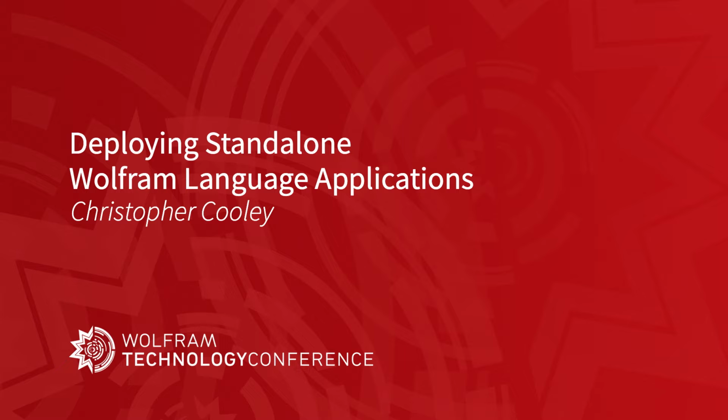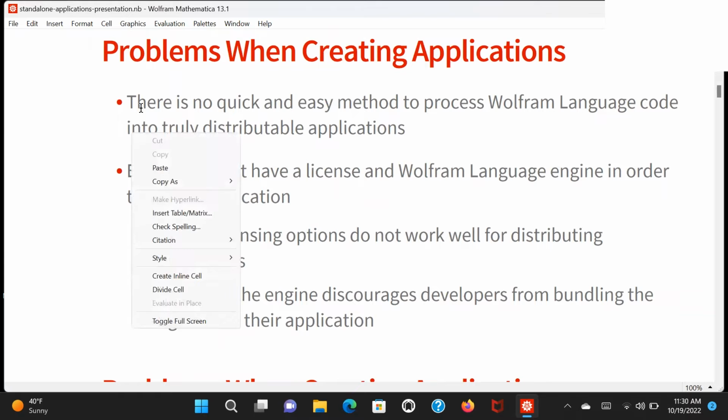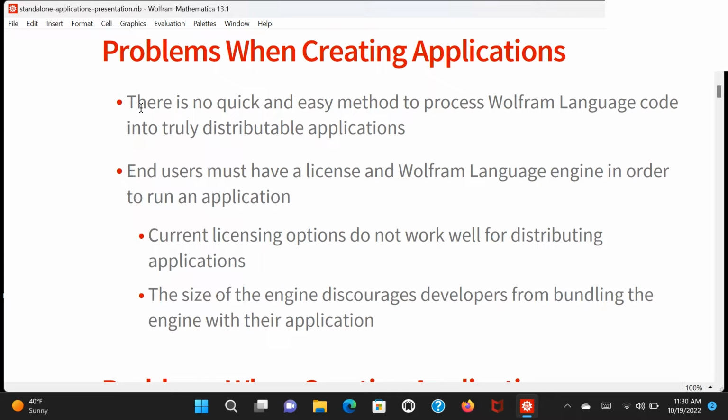The thing is that it's not really possible to make truly distributable Wolfram Language applications because of our current licensing restrictions. As you know, we have MathID-based licenses that are locked to your machine.